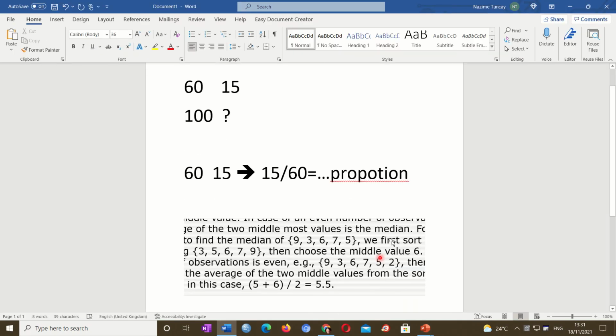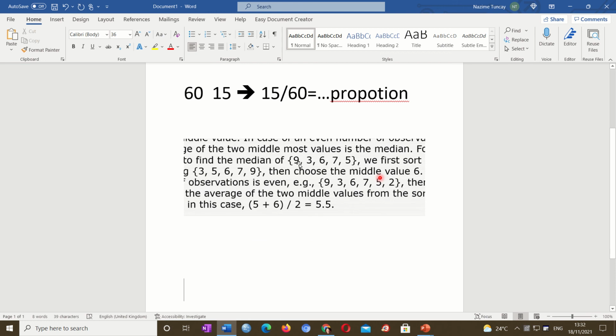Now we put them in order, and the middle one is the median. Let us put these numbers in order: 2, 3, 5, 6, 7, and 9. I have 6 numbers here.